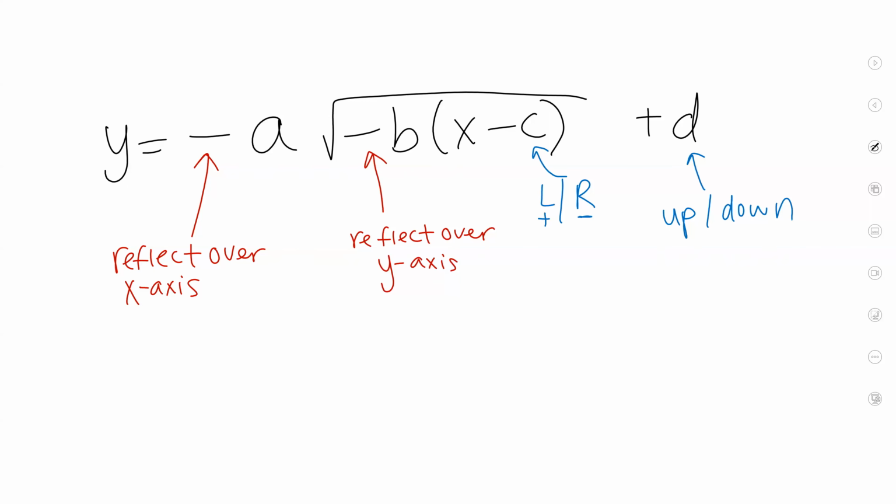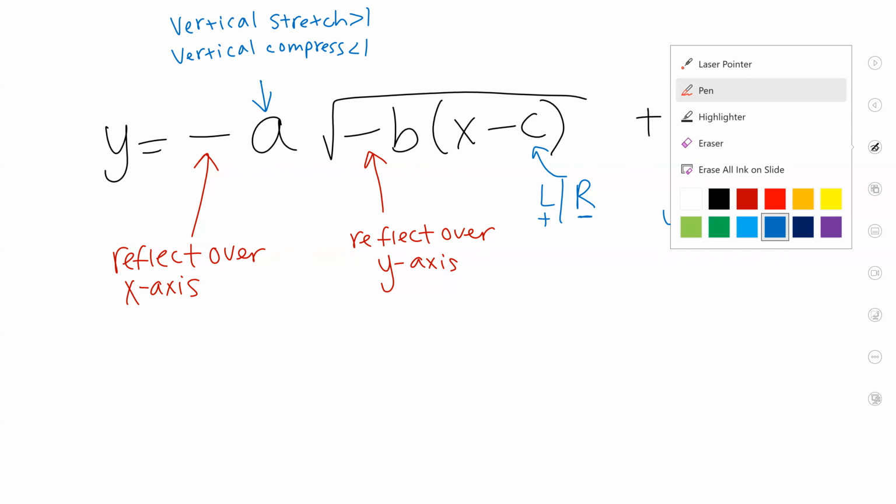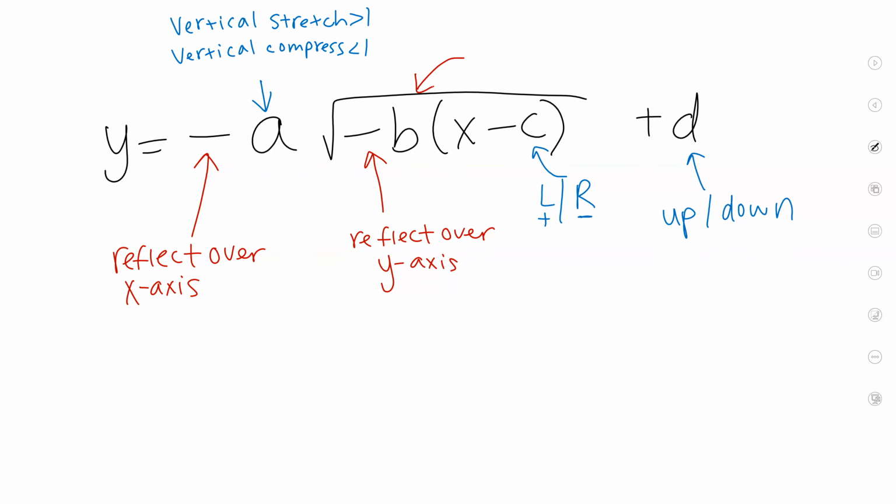Now let's talk about A and B. What does A do? A vertically. Yep, you're right. It can be a vertical stretch or a vertical compress, right? How do we know if it's a stretch? Yes, if it's greater than 1, it's a stretch. If it's less than 1, it's a compress. Now, it's going to be different for B. What do we write for B? Yes, it'll be horizontal.